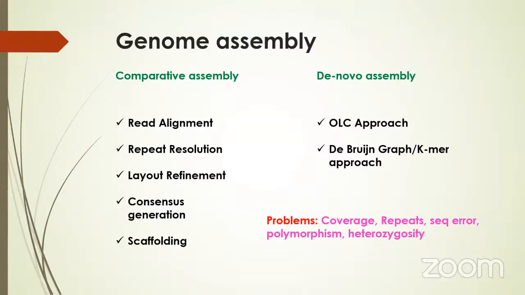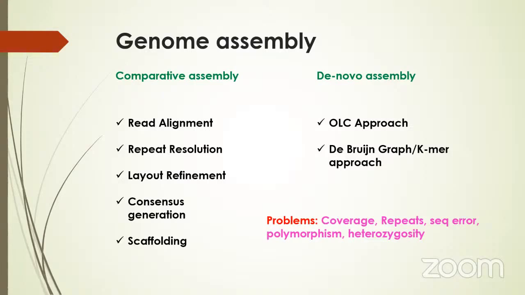Now finally we have to go for scaffolding. Scaffolding means based on the relative order and the direction of the contigs, we structure them in a linear way, and this contiguous region now forms a scaffold. When we complete scaffolding, this is called a pseudomolecule. Pseudomolecule means chromosome.